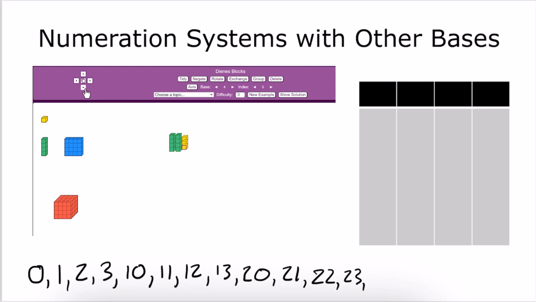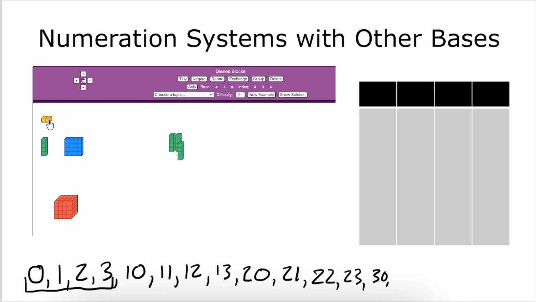And there will be no 2, 4 because remember, we only have these 4 symbols. And the numeral 4 is not included in the symbols that we're allowed to use. So as soon as I add on one more, then I can regroup these together. And the next number would be 3, 0.